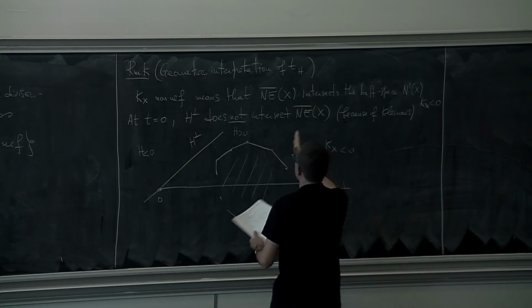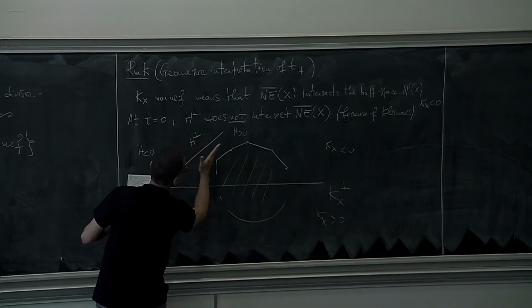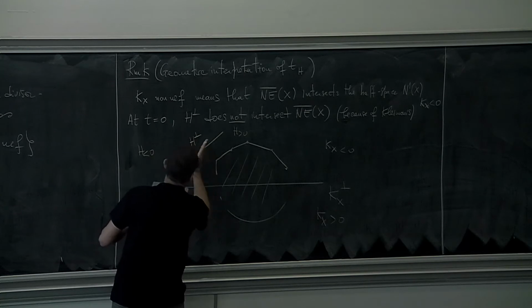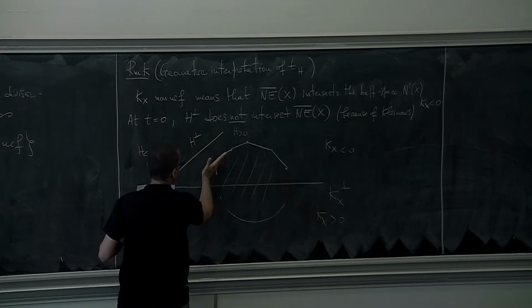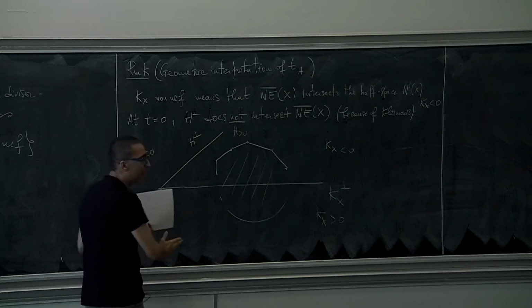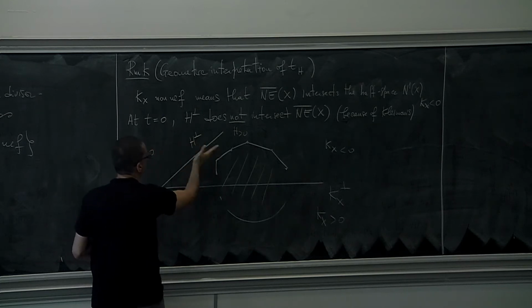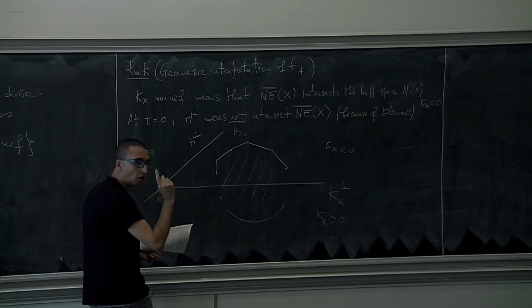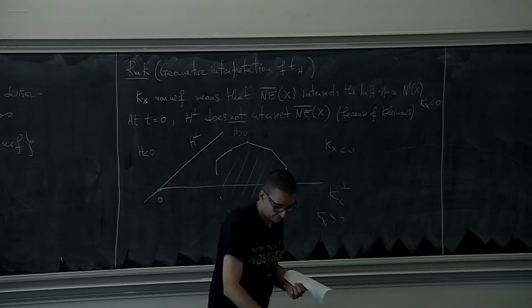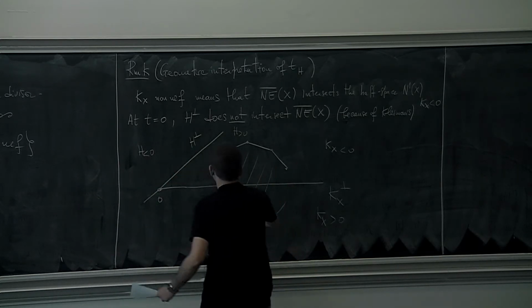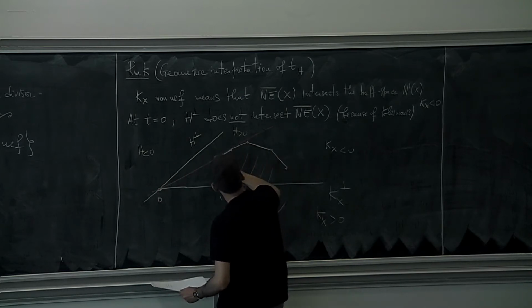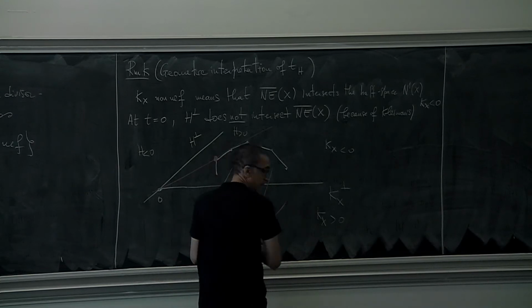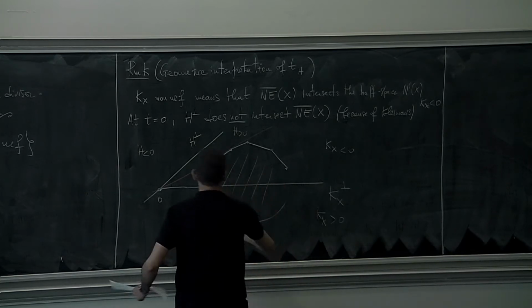When I rotate this hyperplane, there is a certain point when it touches the cone. When it touches the cone, here we have the nef threshold. It is the first moment in which the divisor becomes nef, but not ample. And then it enters the cone here.